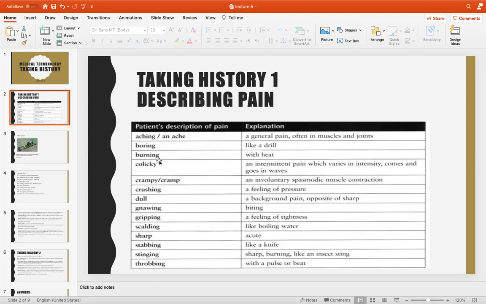So we can have a boring pain that is like drilling, a strong one, and we have dull pain that is like background pain, a mild pain. We have gnawing, the G here is silent, gnawing pain is like biting pain. Gripping, that has the feeling of tightness, grip.